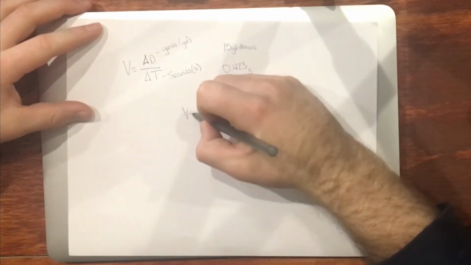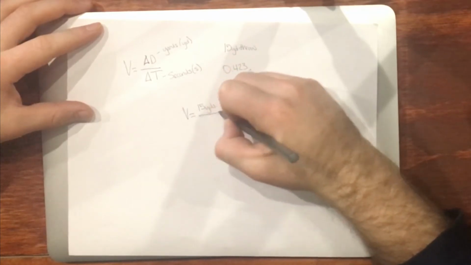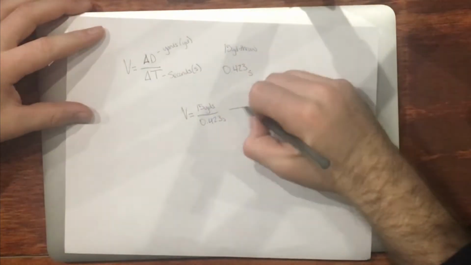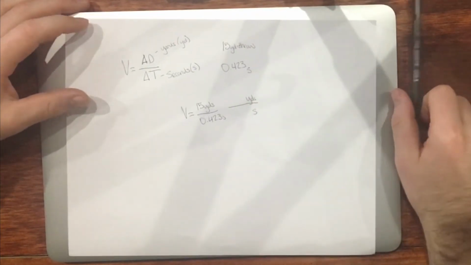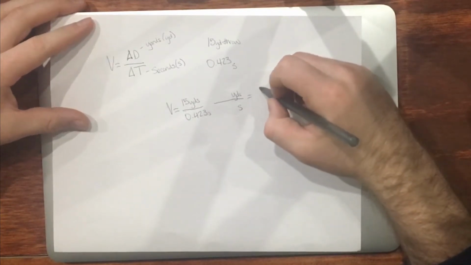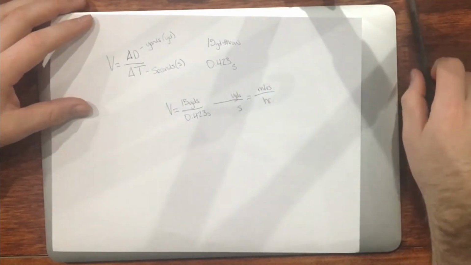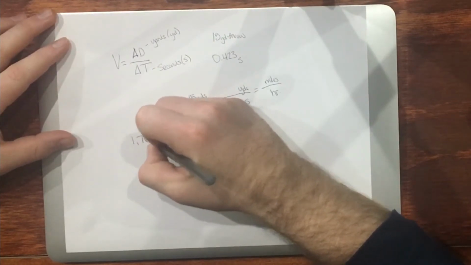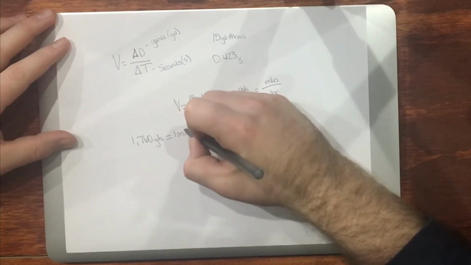So our velocity is going to be 15 yards over 0.423 seconds. Now our answer will come out in yards per second. And we can translate that to miles per hour. There are 1,760 yards in 1 mile.